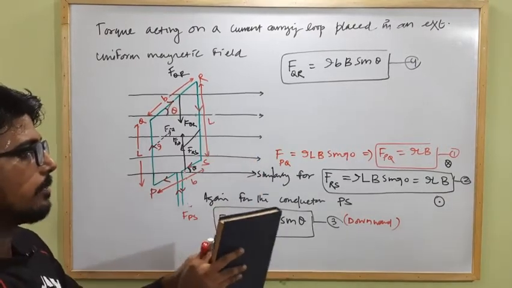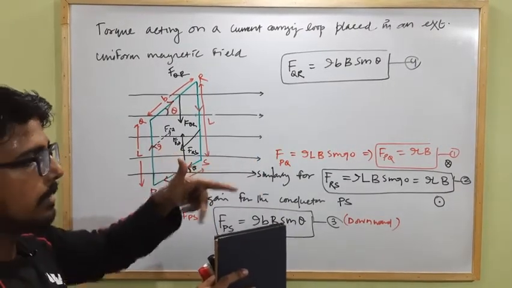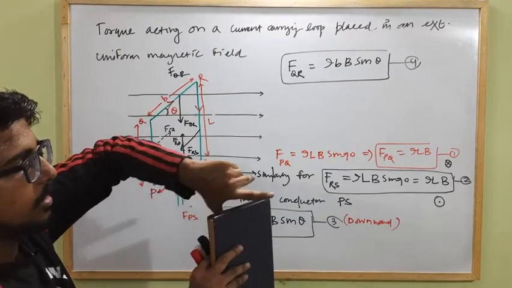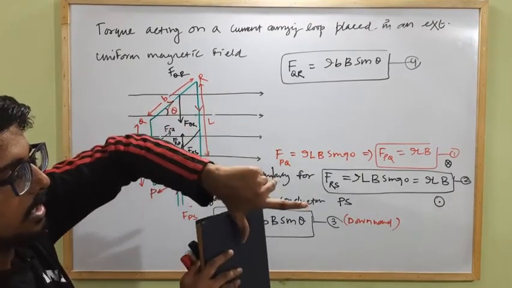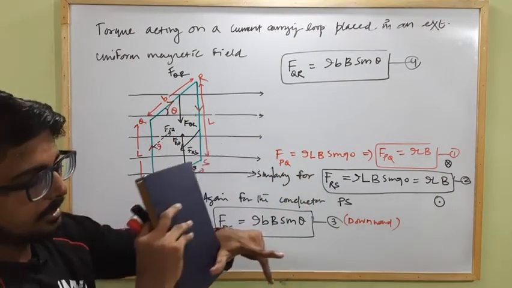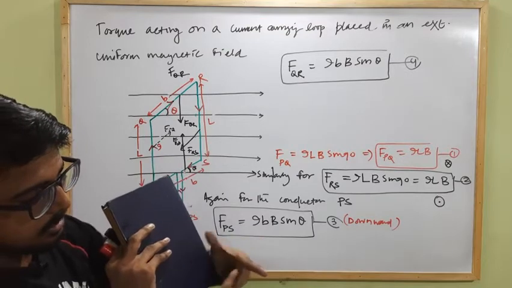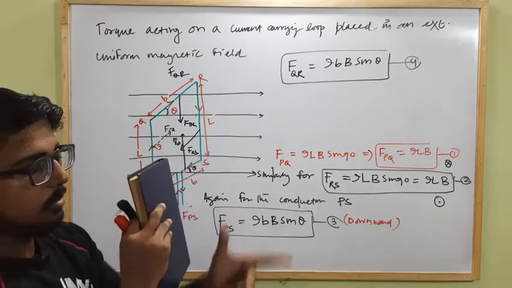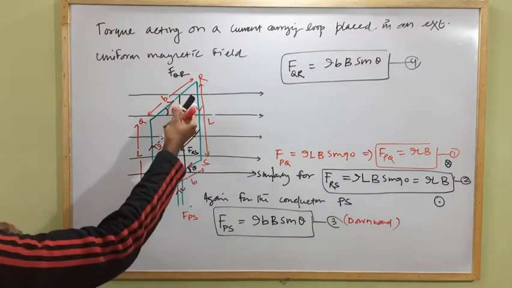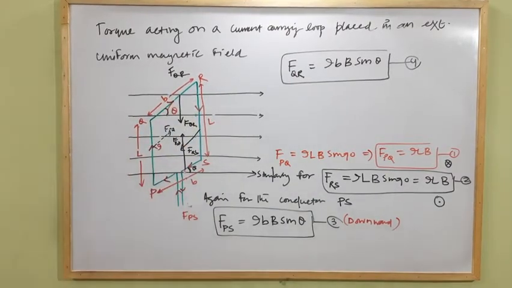Similarly, we can show it using Fleming's left-hand rule. The field direction is like this, the current flowing along this conductor is like this, the force will again be downward. And here, the current goes like this, the field is like this, so the thumb will show the force upward. So here the force is acting downward and here the force is acting upward. Clear?